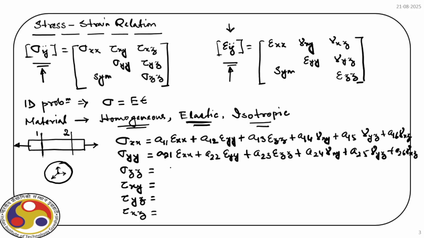Likewise, if we complete all these rows, we get the first expression that actually has stress on the left hand side and all strain components on the right hand side.